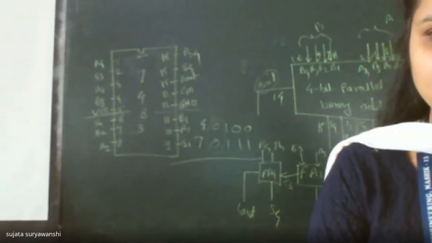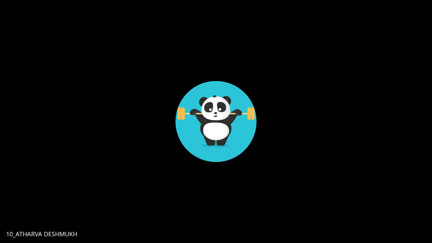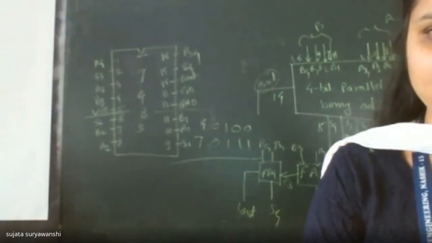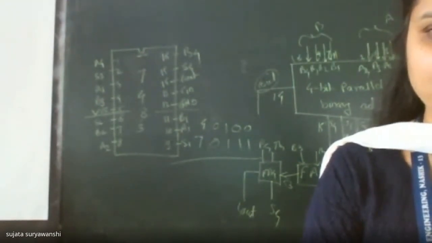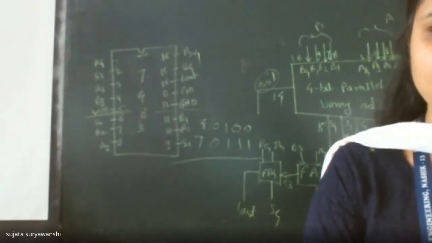Roll number 9, 10, 11, present. 12, present. 13, 14, present, ma'am. 15, 16, 17, 18, present, ma'am. 19, 20, 21, 22, 23, present, ma'am. 24, 25, 26, 27, present, ma'am.